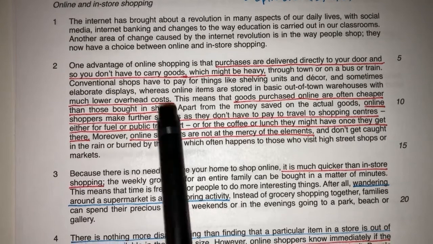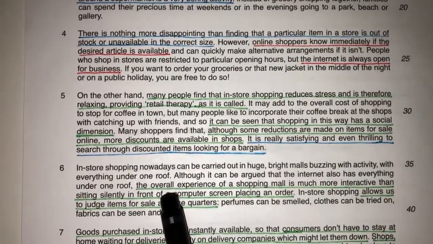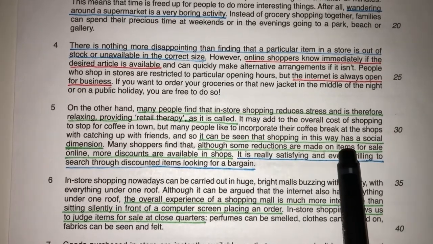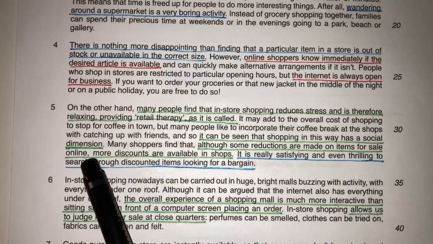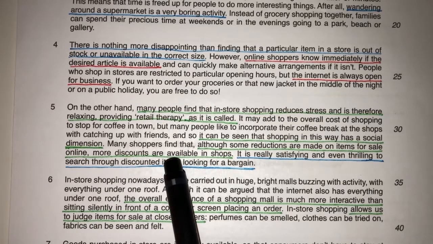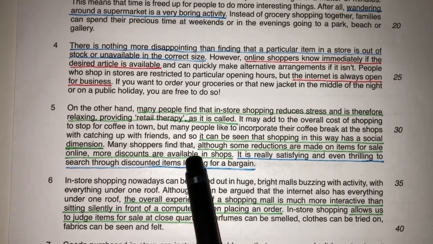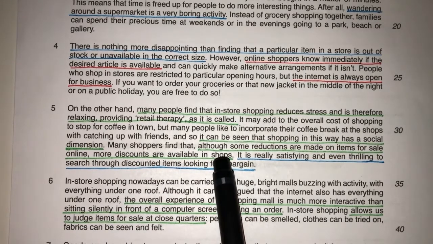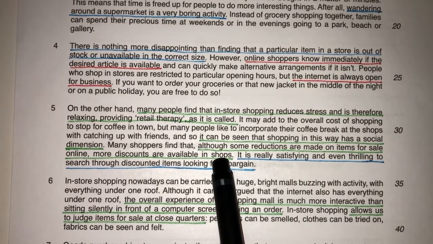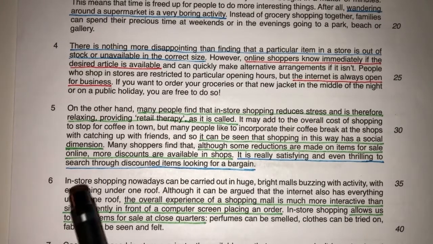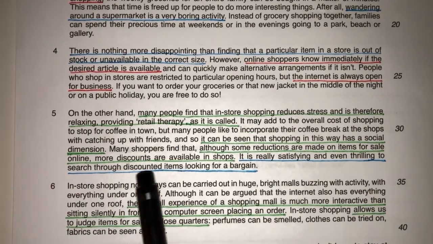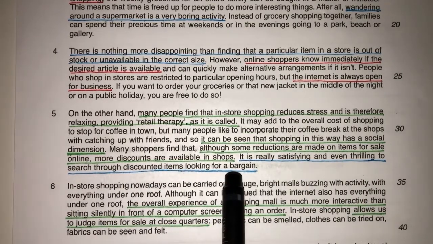And then fast forward to paragraph 5, we see that it's true that online is usually cheaper, but discounts are more prevalent, or in other words, available in shops. You'll see a wider variety of discounts when you're shopping in store. It is really satisfying and even thrilling to search through discounted items looking for a bargain.